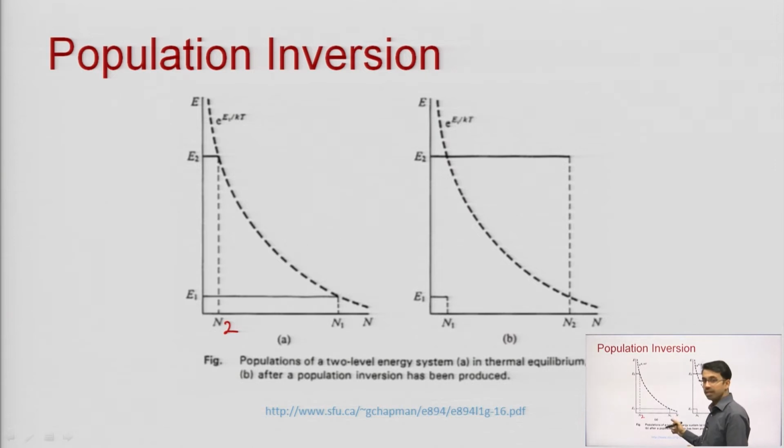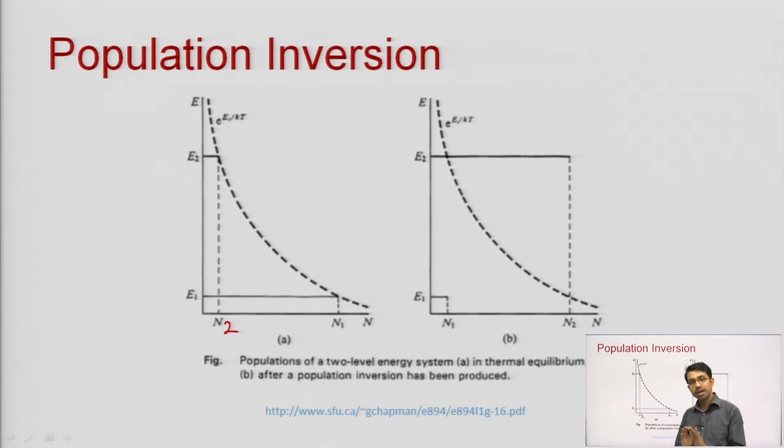So, N1 in the E1 energy state and N2 in the E2 energy state. This is the normal condition when we have not supplied any energy. The number of electrons in the ground state is far more than the number in the excited state, and as the energy increases, the number of electrons decreases exponentially. This is the normal distribution.